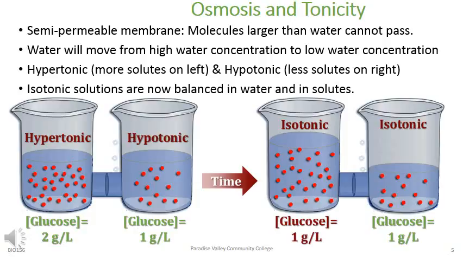Okay, and so that's why it's showing you've got free. You've got a balance here. But what in reality it's going to look like, if you look to the figure on the right, the far right here in the isotonic sides, see how the left beaker has more water in it than the one on the right. Well, in actuality, the number of free water molecules are exactly the same on both sides.